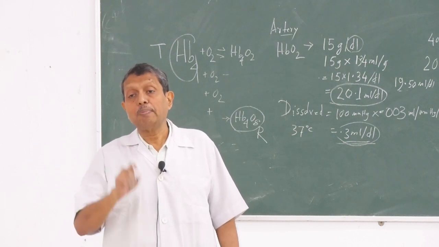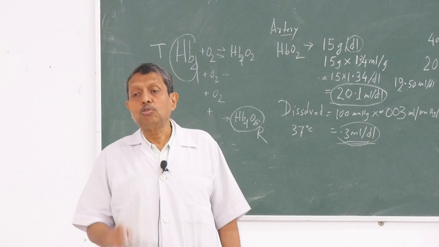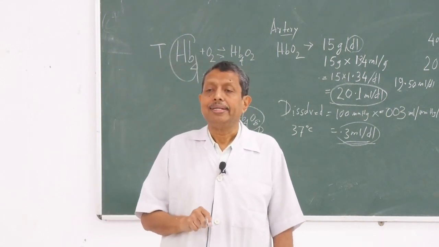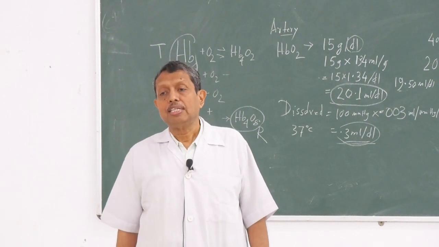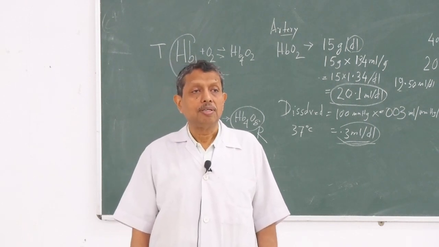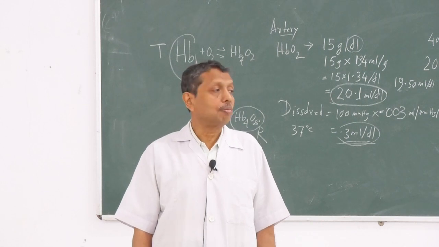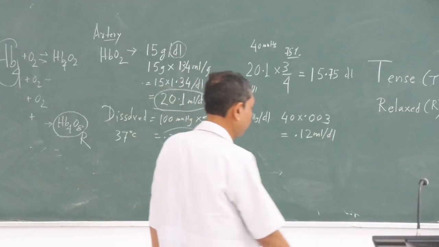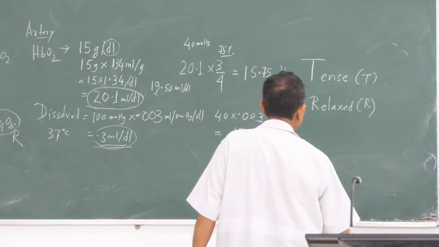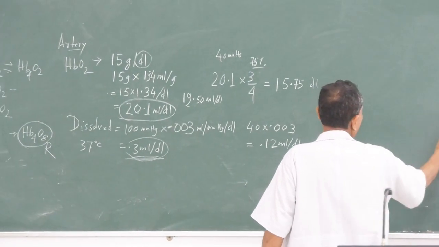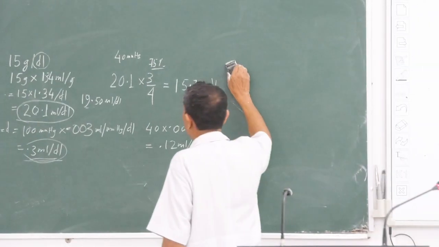So there is cooperative binding, and due to this, the oxygen hemoglobin dissociation curve is sigmoid shaped. It is like this. Oxygen hemoglobin dissociation curve.